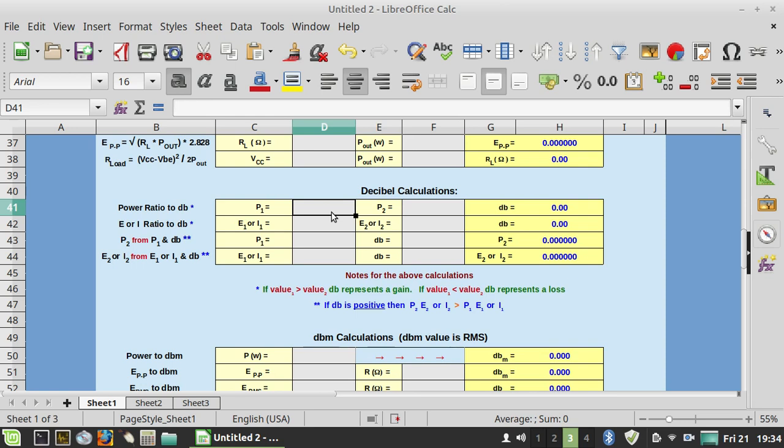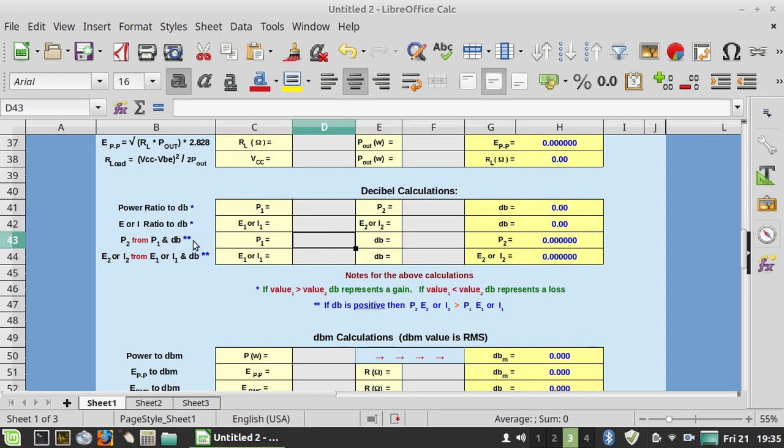But power ratios to dB. Same thing for voltage or current ratios, because I use a log 10 function, not a log 20 function. So power is different than voltage and current. Same calculation, but different. Same but different.